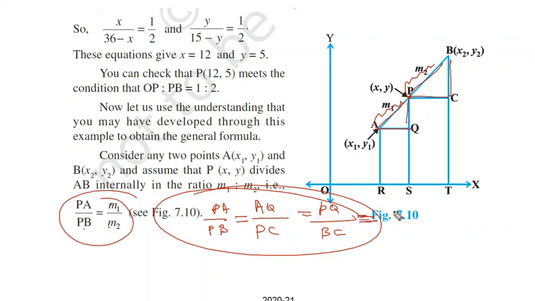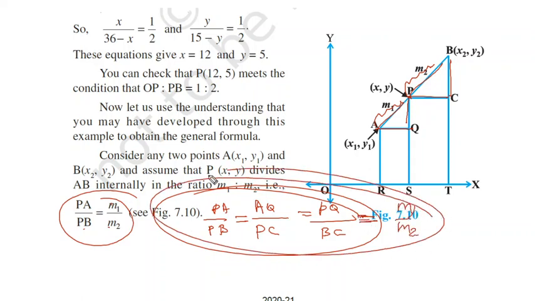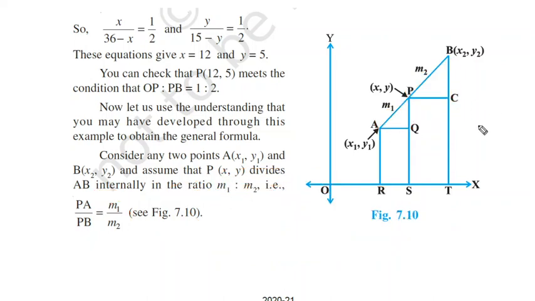So this is a statement now. After doing this, we have to find the values of QA, PC, PQ and BC. So let's find one by one. First we will find AQ.